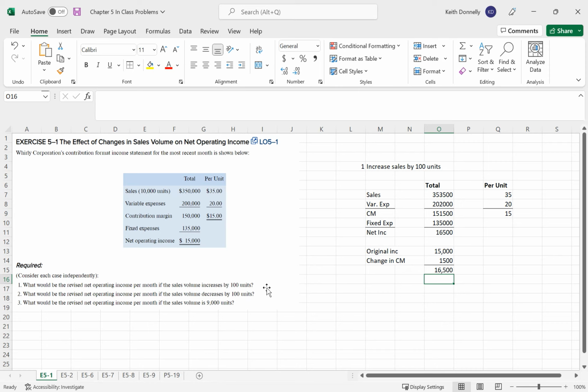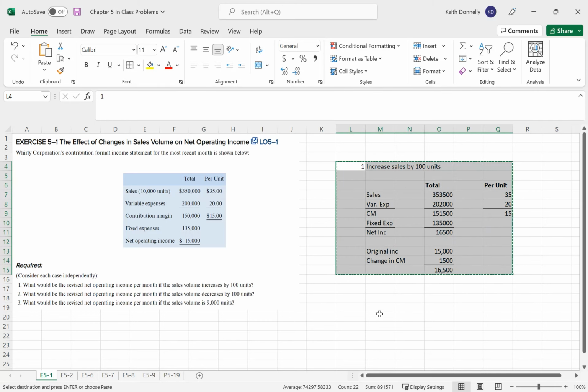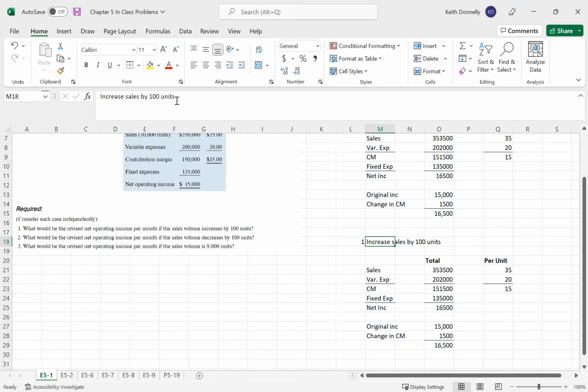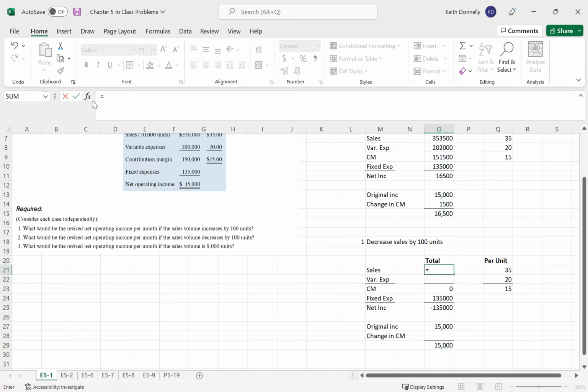All right, same thing for 2, except we're decreasing sales. So to save us a little bit of time here, because some of this was formulas, we decrease our sales by 100 units. So our sales in this case, we went from 10,000 and we lost 100.